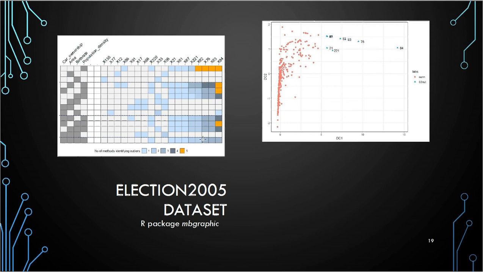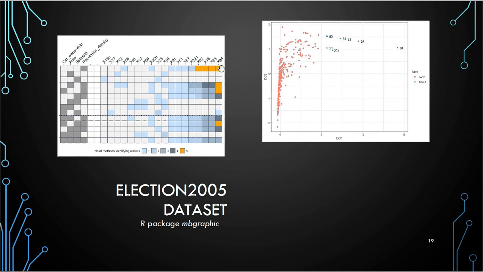And what are the colors? If a block is colored in yellow, then that observation is identified as an outlier by five outlier methods.